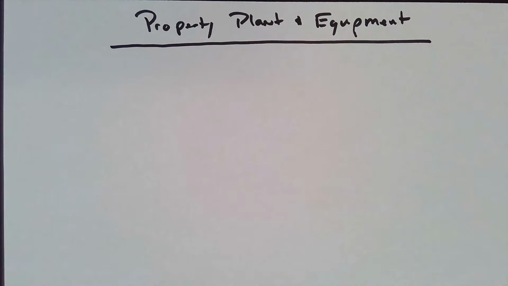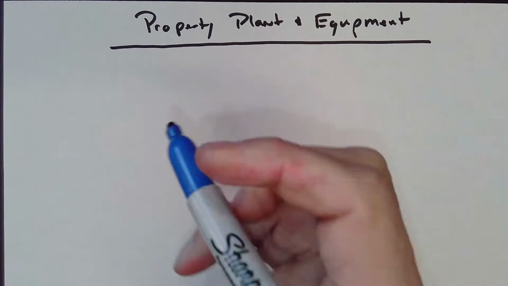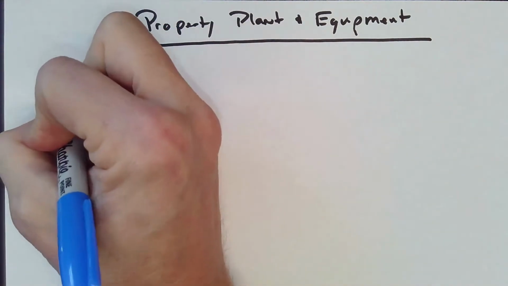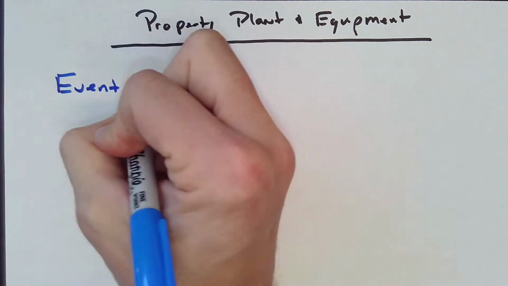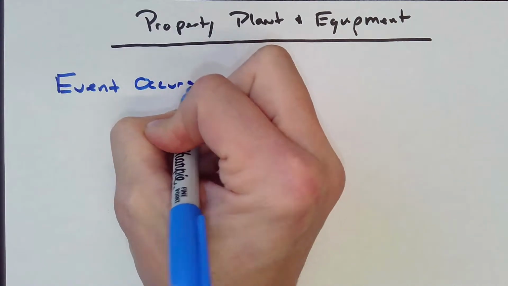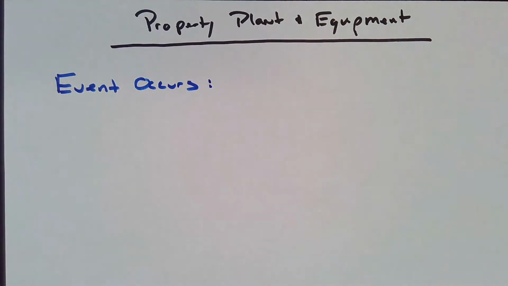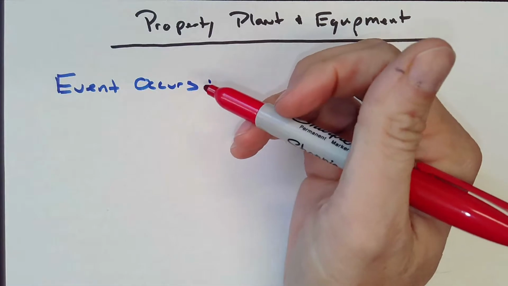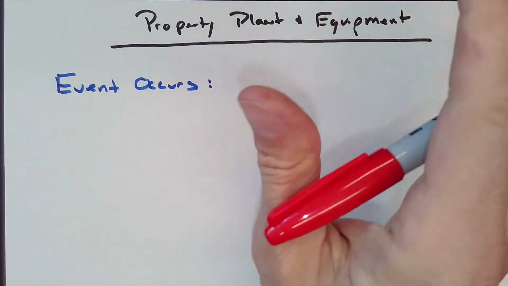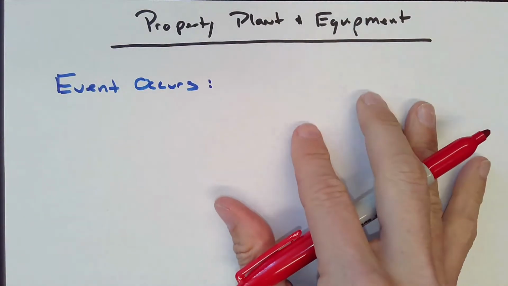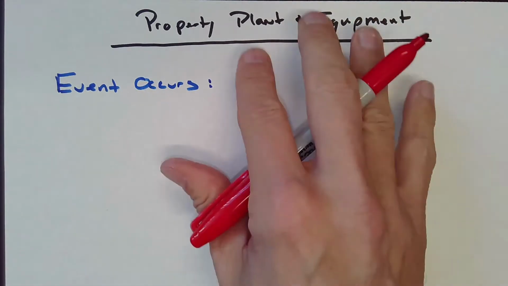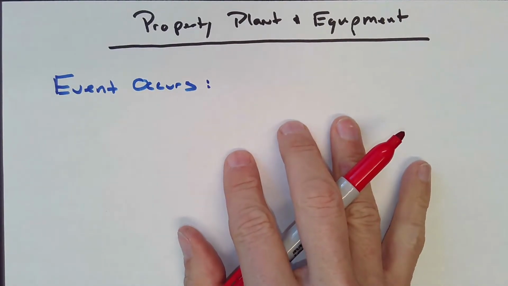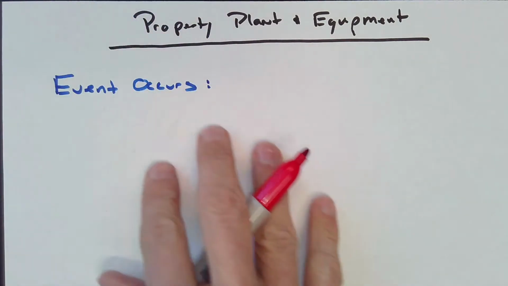Right? So when we have an event occur, an event occurs that makes us question our assets. Maybe they've gone down in value faster than we were assuming they would over a period of time.